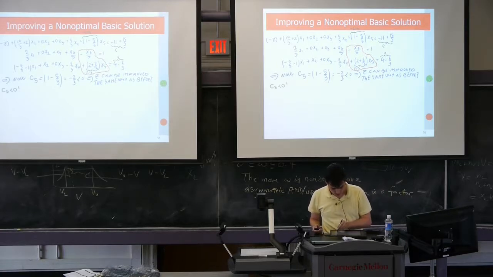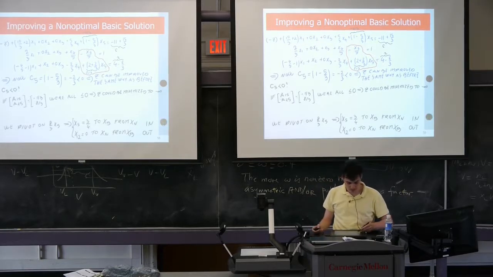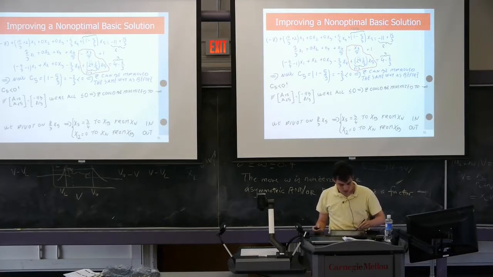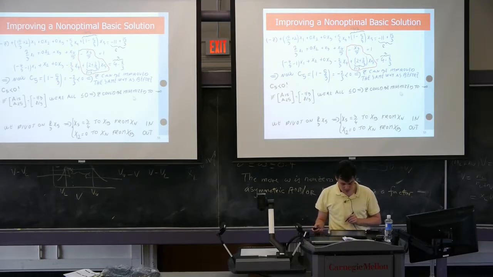This is just what I said formally: if the coefficients, that is these coefficients a1,5 (first equation, second equation, and the fifth variable), were all negative or 0, then the value of z could be minimized to minus infinity.